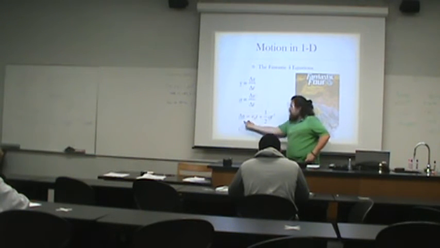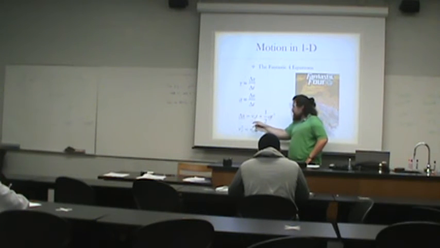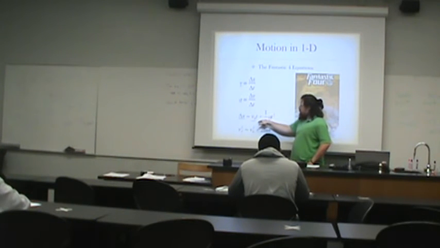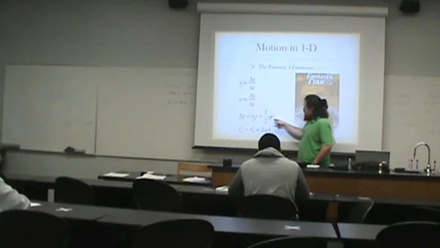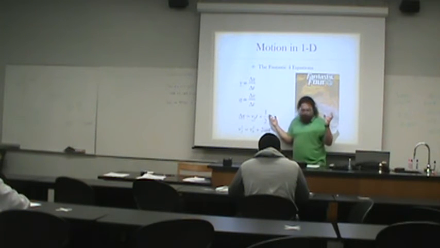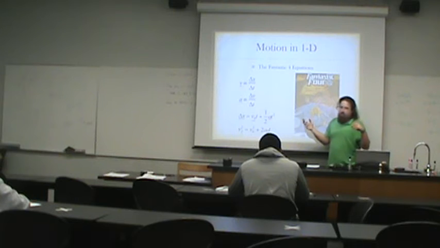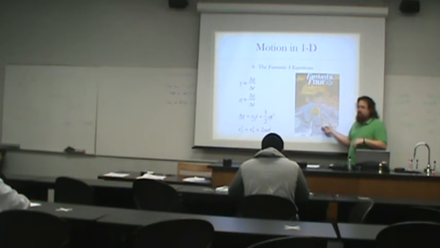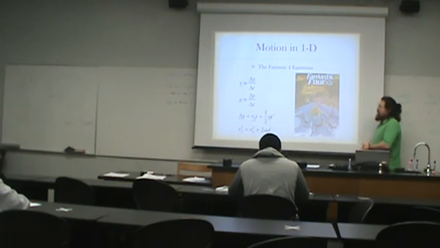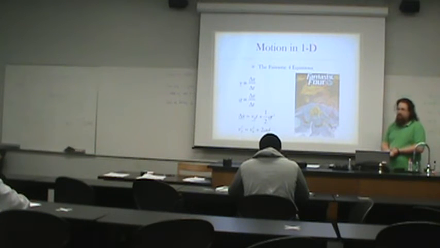Sometimes I prefer to write this as x final equals v initial times time plus 1/2 times acceleration times time squared plus x initial, which shows the quadratic form of having three things on one side equal to something else. But that formula best represents the movement of an object as it is accelerating through space.